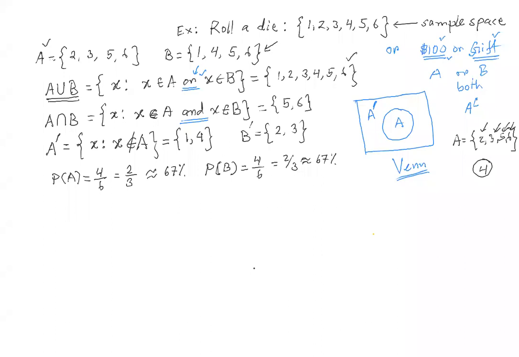That's what event A and B happening and the associated probability mean. Now I'm going to do the probability of A union B. I know A union B is 1, 2, 3, 4, 5, 6, which is the same as finding the probability of 1, 2, 3, 4, 5, or 6.